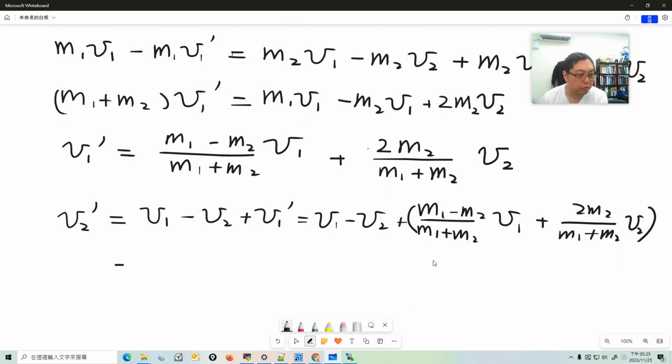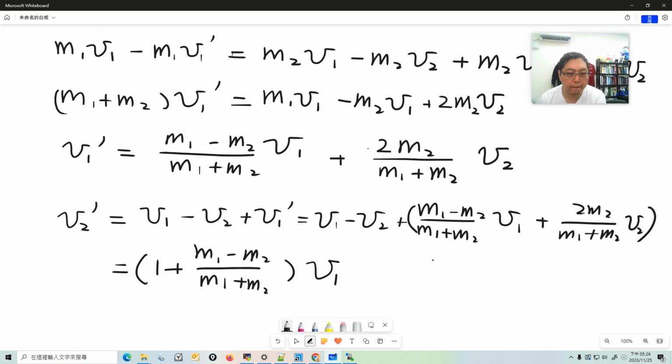I think it's much easier to solve V2 prime now. So we have 1 plus (M1 minus M2)/(M1 plus M2), so it's V1, and plus 1 plus 2 M2 minus 1. Sorry, not here.